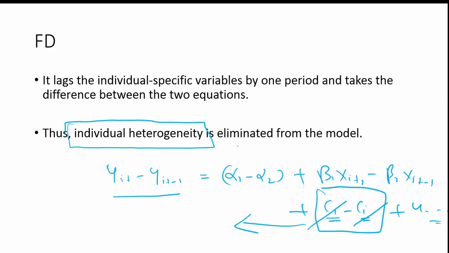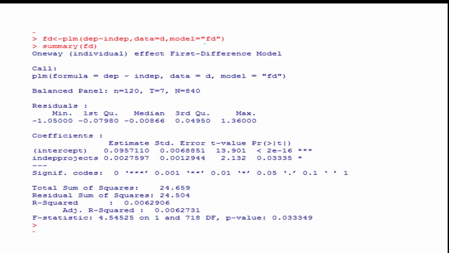Individual heterogeneity is eliminated from the model by taking the first difference. This is a particular type of regression, getting rid of the individual effect. Syntax remains the same, except that in the model statement you're just using FD.